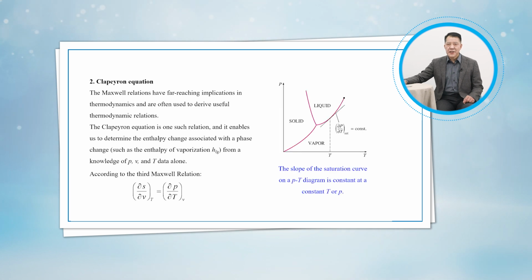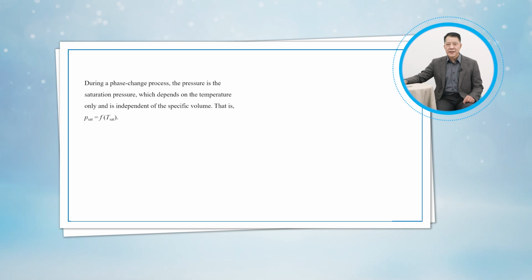look at the PT diagram, the slope of the saturation curve on a PT diagram is constant at a constant T or P. During a phase change process, the pressure is the saturation pressure, which depends on the temperature only and is independent of the specific volume.